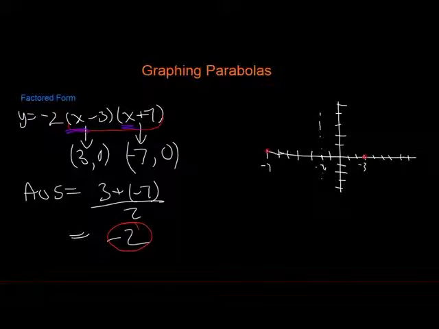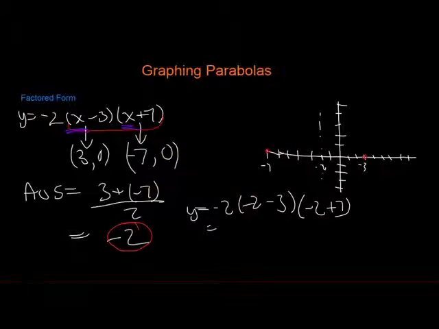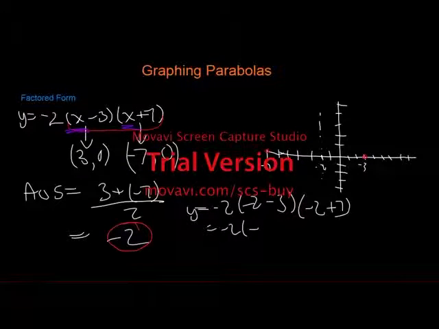So let's do that. y equals -2 times (-2 - 3) times (-2 + 7) equals -2 times -5 times 5.